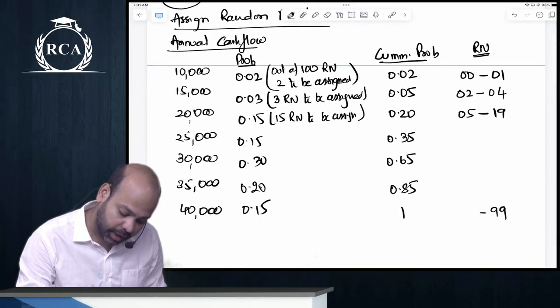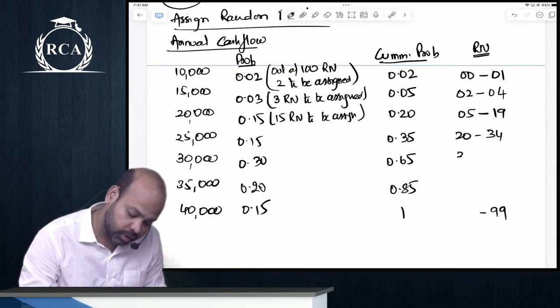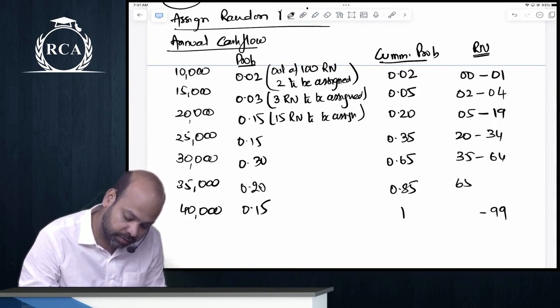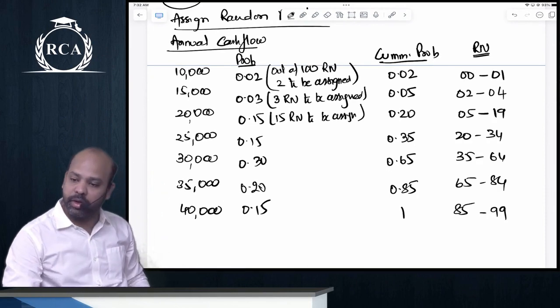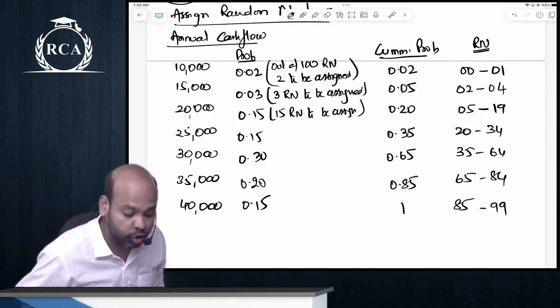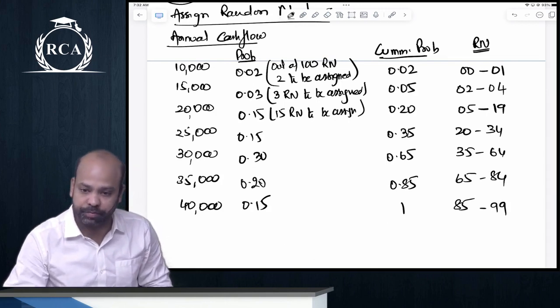This will be 5 to 19, this will be 20 to 34, 35 to 64, 65 to 84 and 85 to 99. This is how you will assign random numbers. The same thing should be done beta for project life also now.